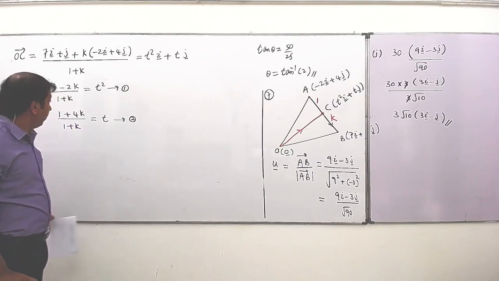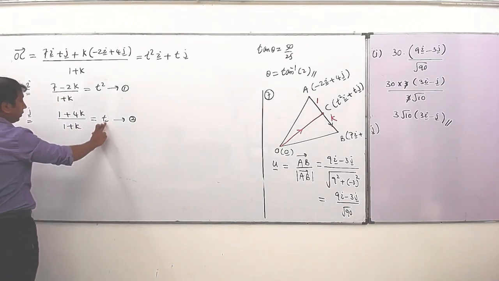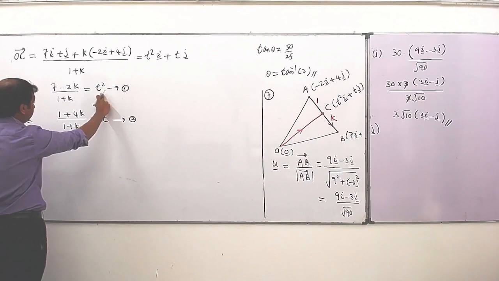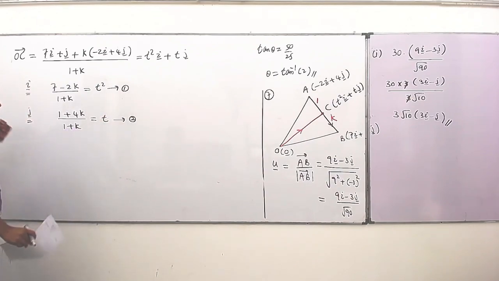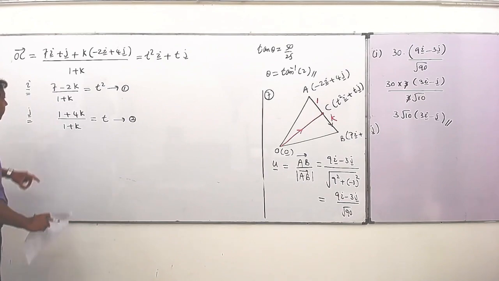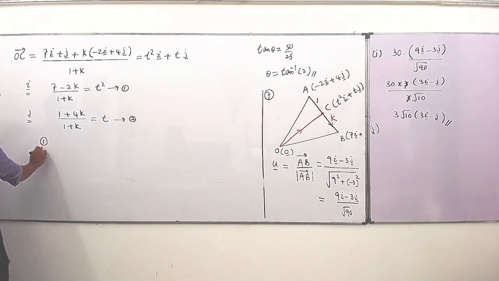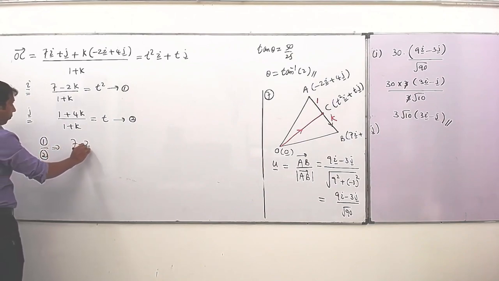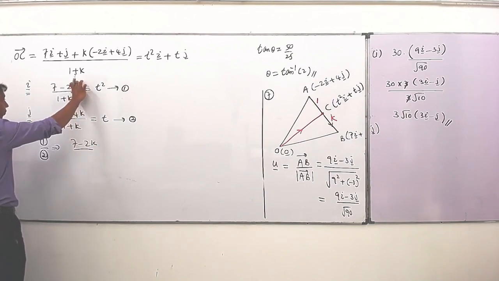Right. Now we can put this t here. Or else we can do it like this too. We can divide these two. Equation 1 by 2: 7 minus 2k, this we divide by this.